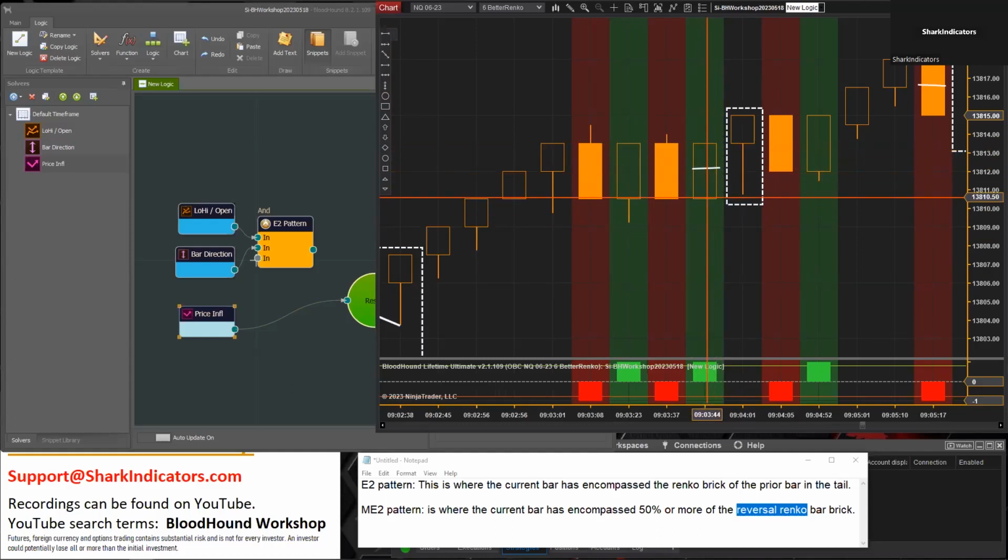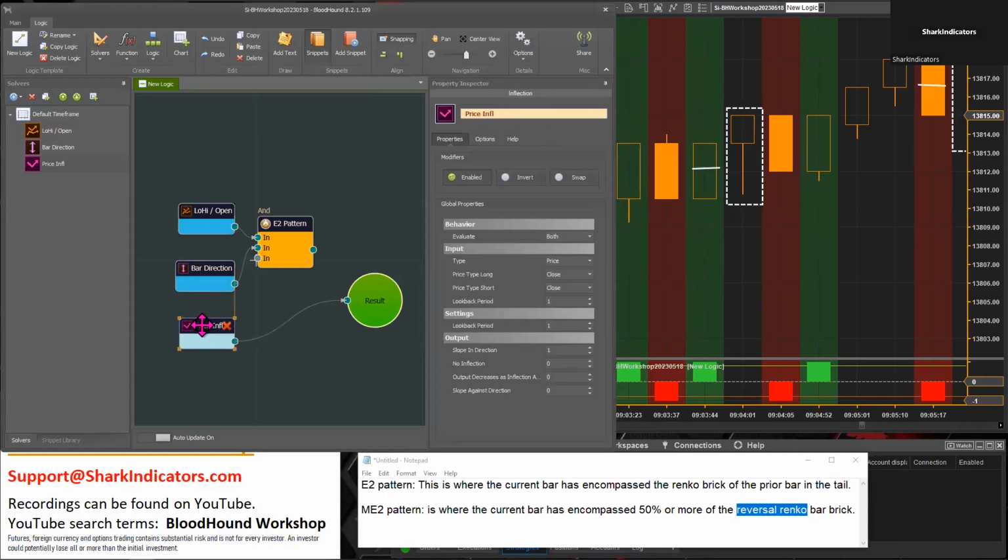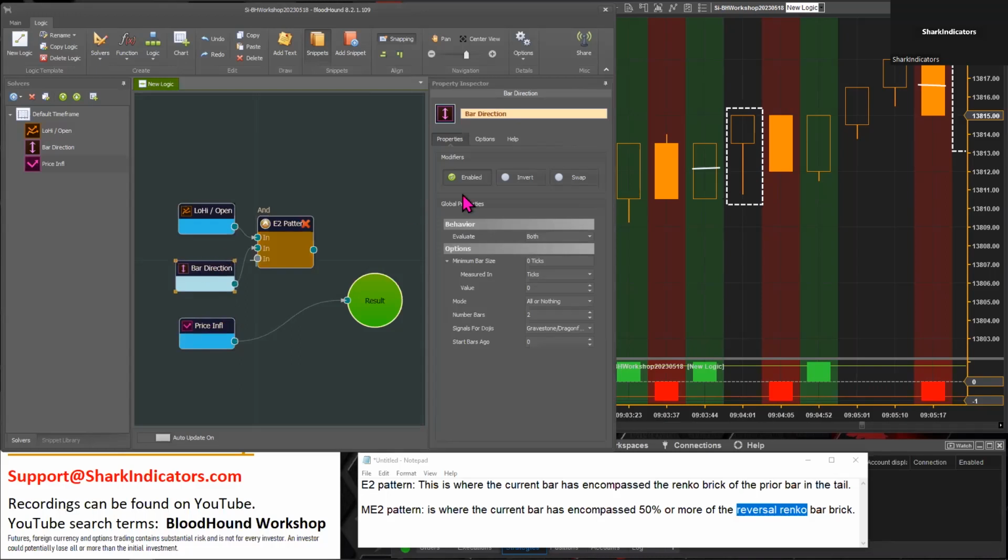So we have a long output here. And now we need to shift this long output onto the next bar. But we're also going to need this bar direction as well. Let me go back and adjust this name here. This is actually a 2-bar direction.